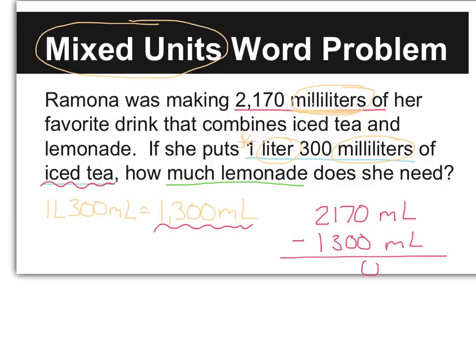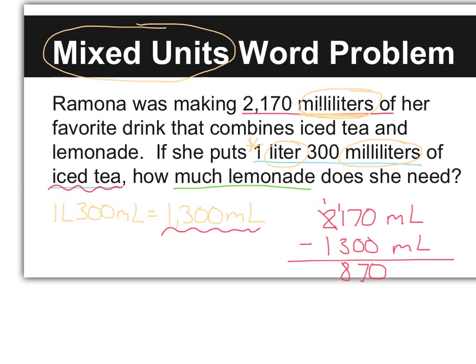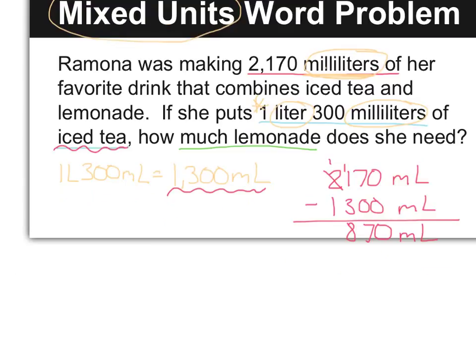When I subtract these, I get 870 milliliters. So I can write my answer as Ramona needs 870 milliliters of lemonade.